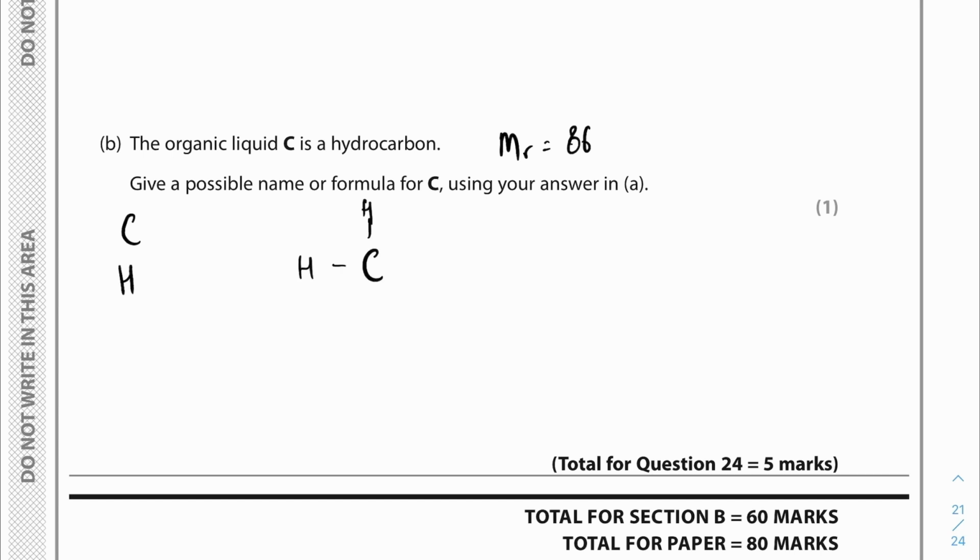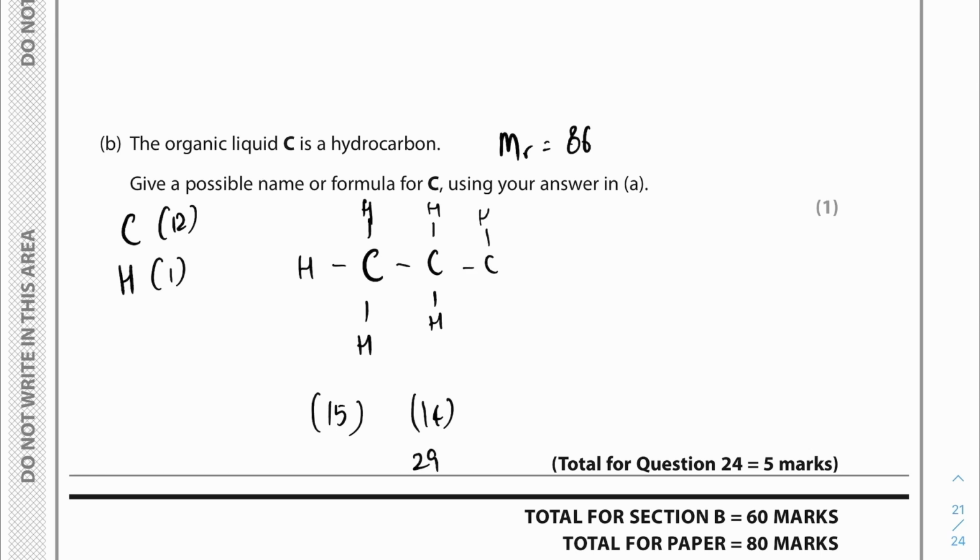Carbon is 12 and hydrogen is 1, so that's 15. Okay, so we keep adding on CH2, which is 14, so 15 plus 14 is 29, and then we keep adding 14 until we get 86.